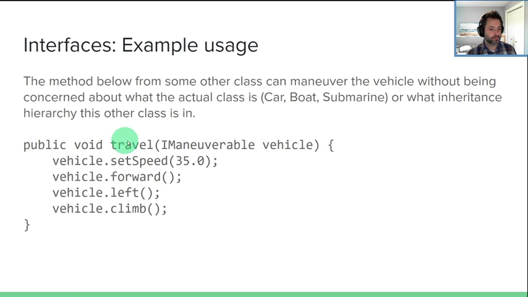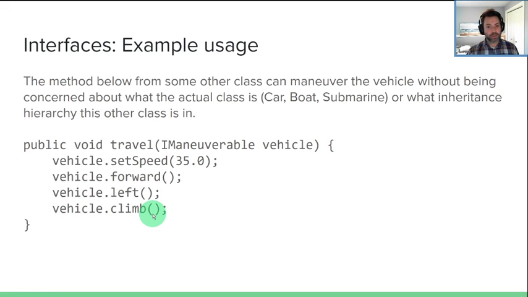So if I'm going to say travel, and this would be kind of a generic front end type of call where I'm instantiating a vehicle of some type and I want it to travel. This could be in the main update loop of your game or your simulation or something like that. Well, travel is going to take a vehicle of some sort. Let's set its speed to 35 miles per hour, start driving forward, go left, and then start climbing.